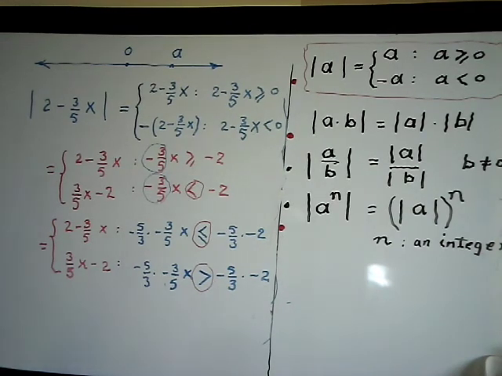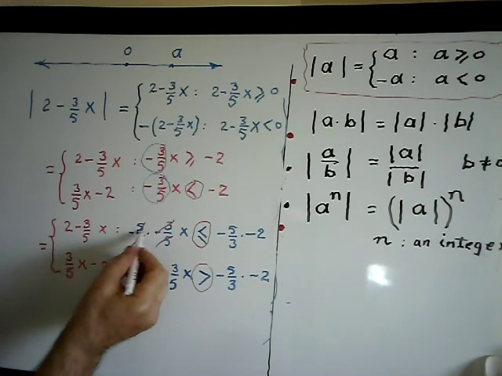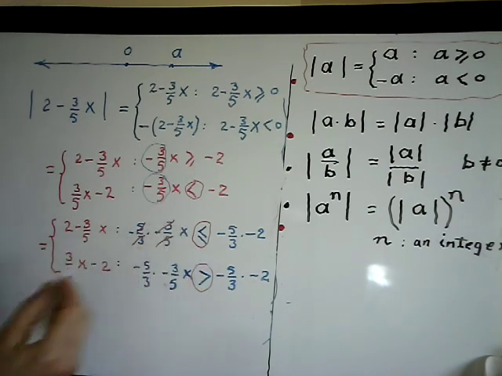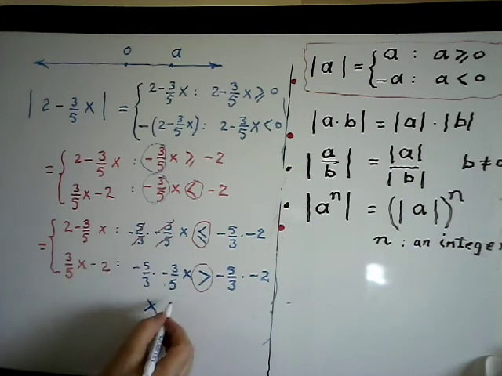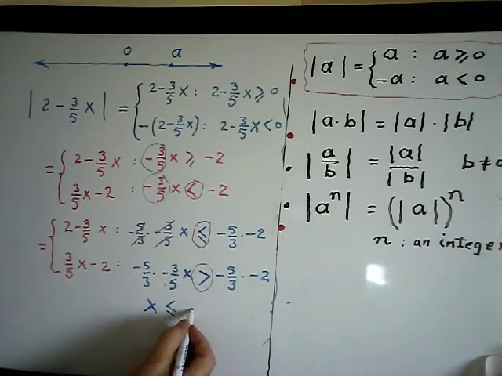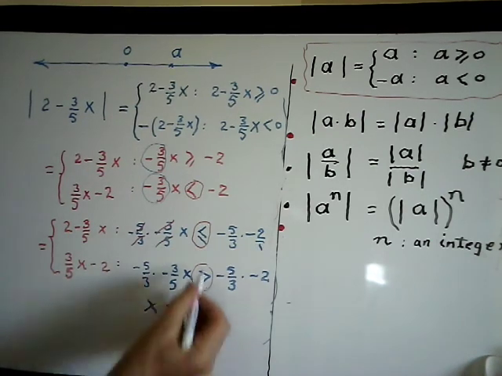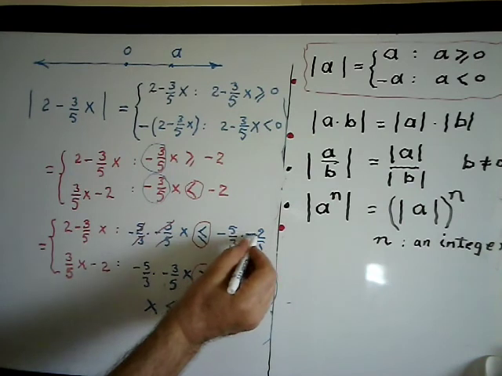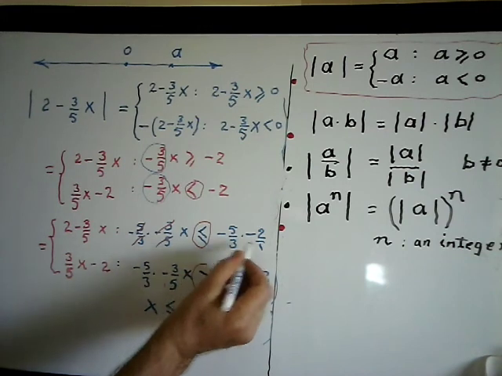By simplifying here, we can cancel 3 with 3 and 5 with 5, and negative by negative is plus, so we got the value of x. So we write here x is less than or equal, negative by negative means positive, 3 times 2 here is 1, 3 times 2, that's 5 times 2, that means 10. And 3 times 1, that means 3.